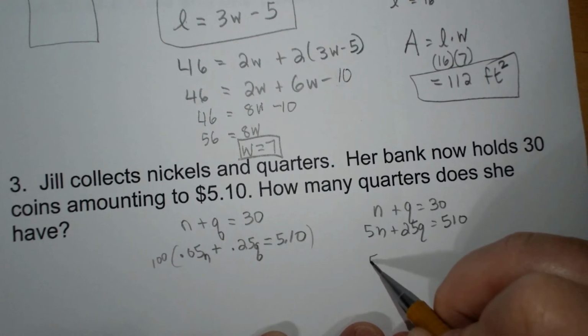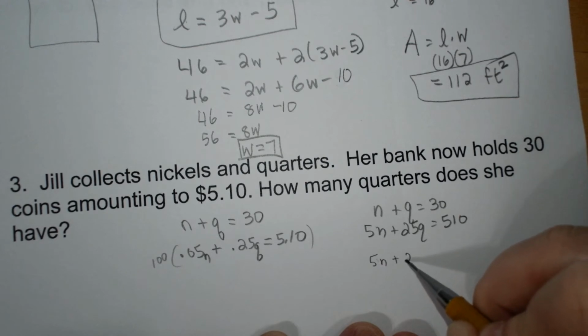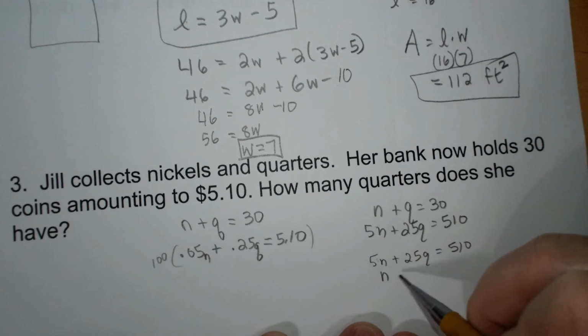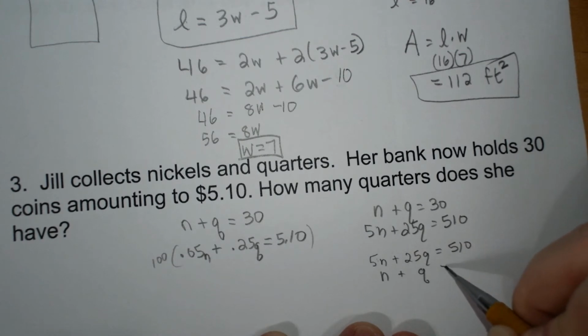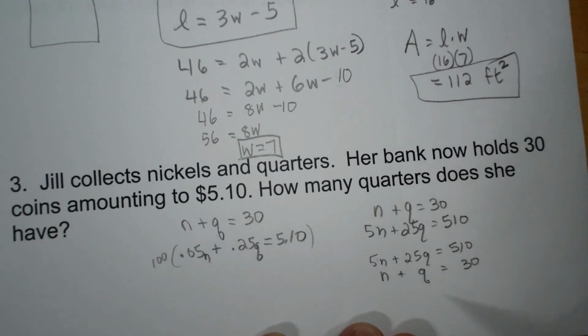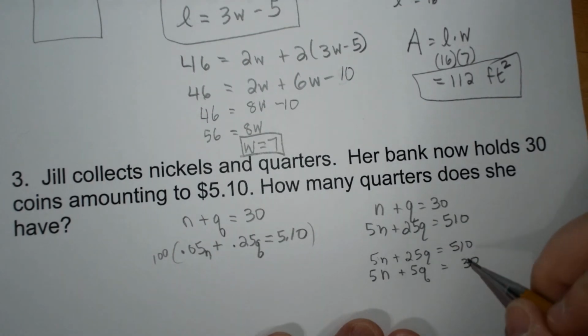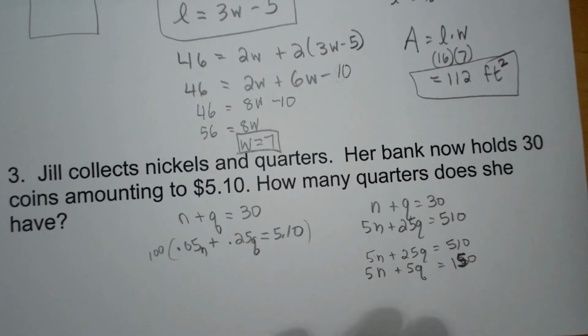I'm going to do 5N plus 25Q equals 510. N plus Q equals 30. I'm going to multiply everybody by 5. So that's 5N plus 5Q equals 150. I know, I shouldn't have done that, but that's how I do it.